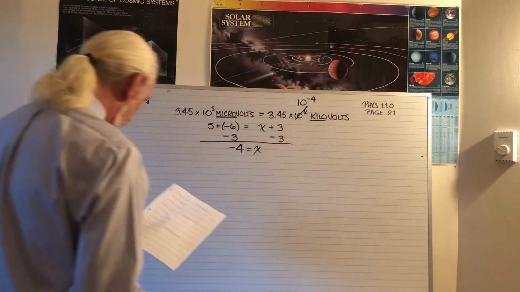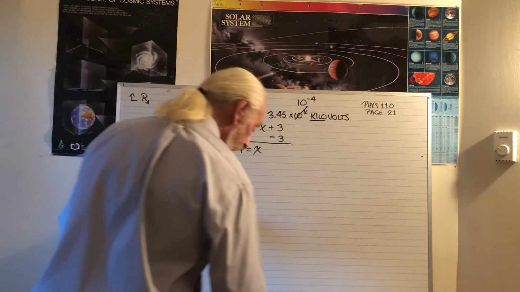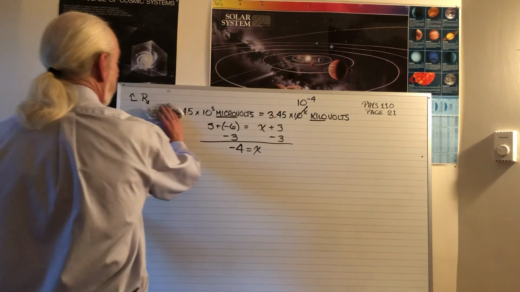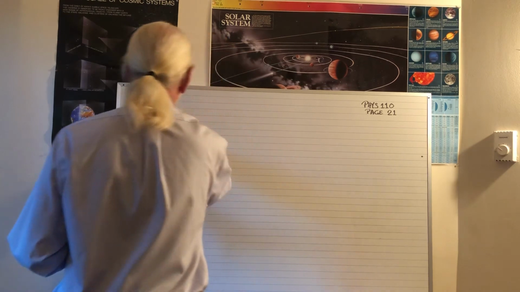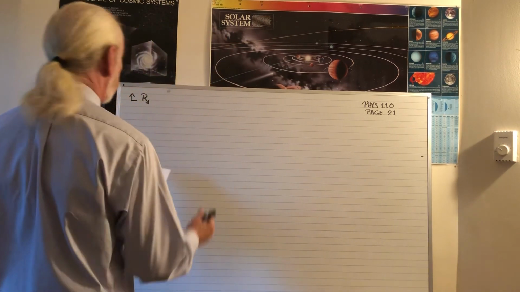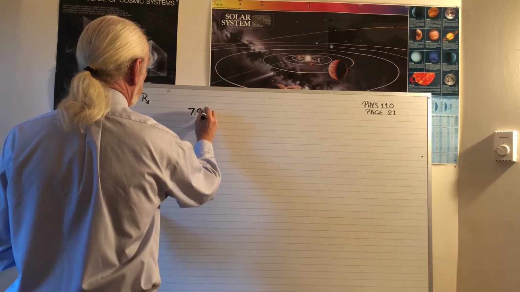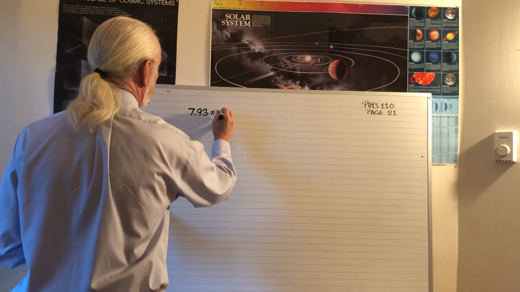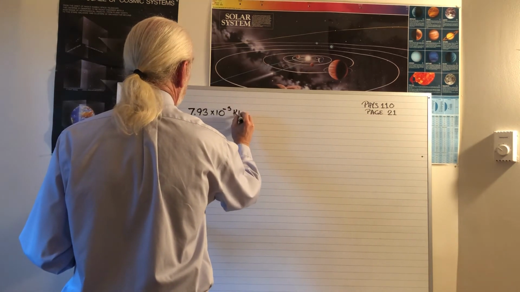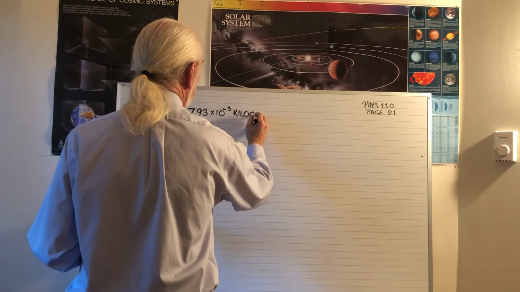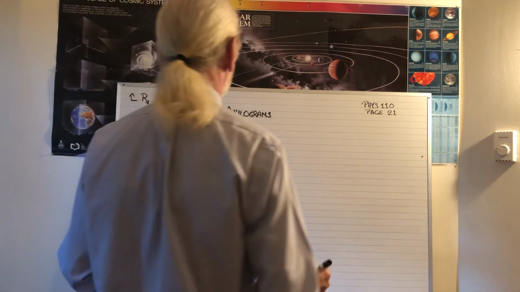Next one is 7.93 times 10 to the negative 5th kilograms. And we're converting that to milligrams.